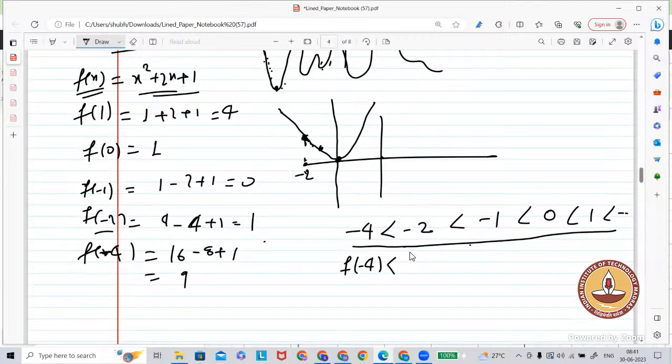At minus 2 you are getting 1, and at minus 4 you are getting 9. So see, this is happening. These are the outputs you are getting on this side. This is minus 2, and at minus 1 you are getting 0.